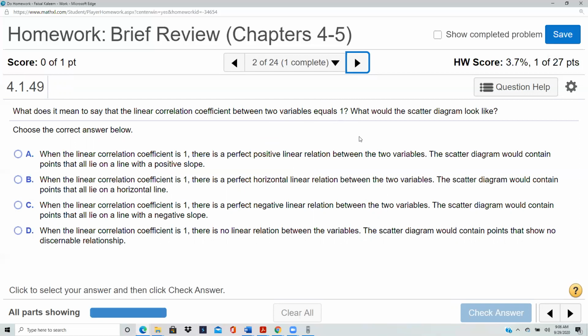So which one? Is it A? A says a perfect positive scatter diagram would contain points that all lie on a line with positive slope, right?